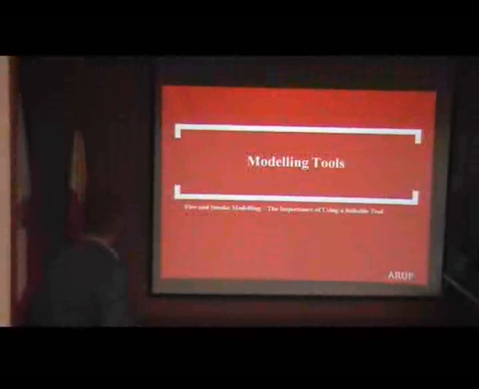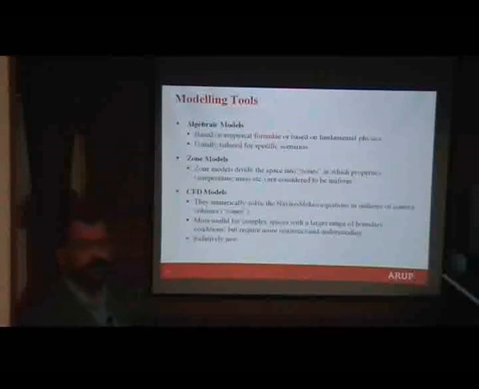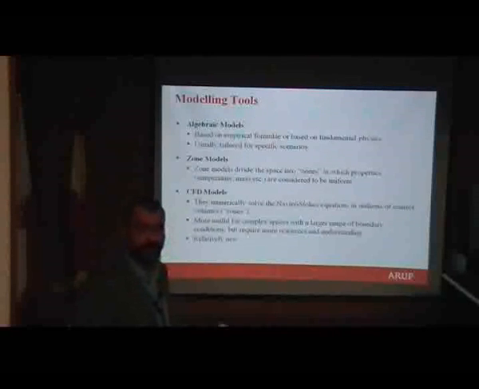Modeling tools. This scheme is actually taken from a draft paper developed by SFPE about validation, and it's more an overview of the existing modeling tools and how these models should be used in fire engineering. So we divide the modeling into three different areas: algebraic models that are based on empirical formulas or on fundamental physics.